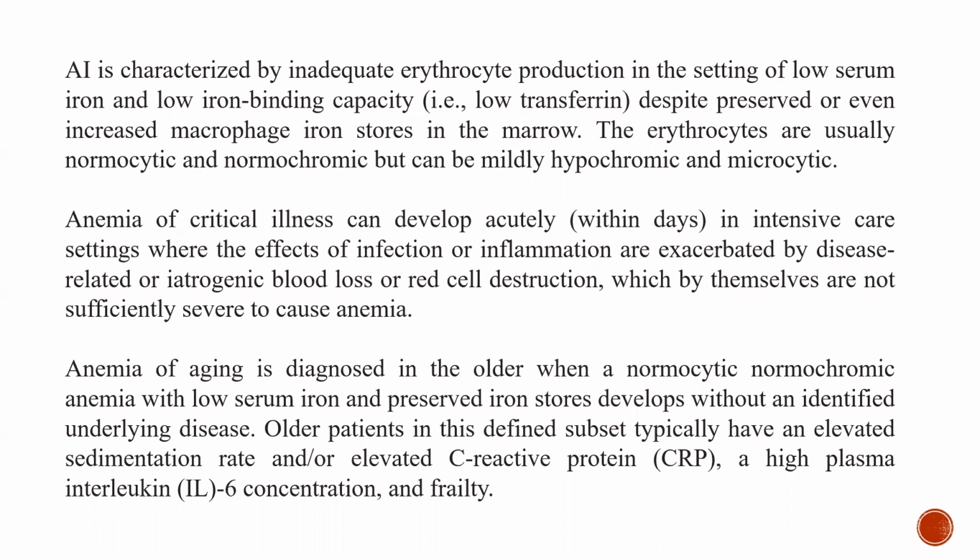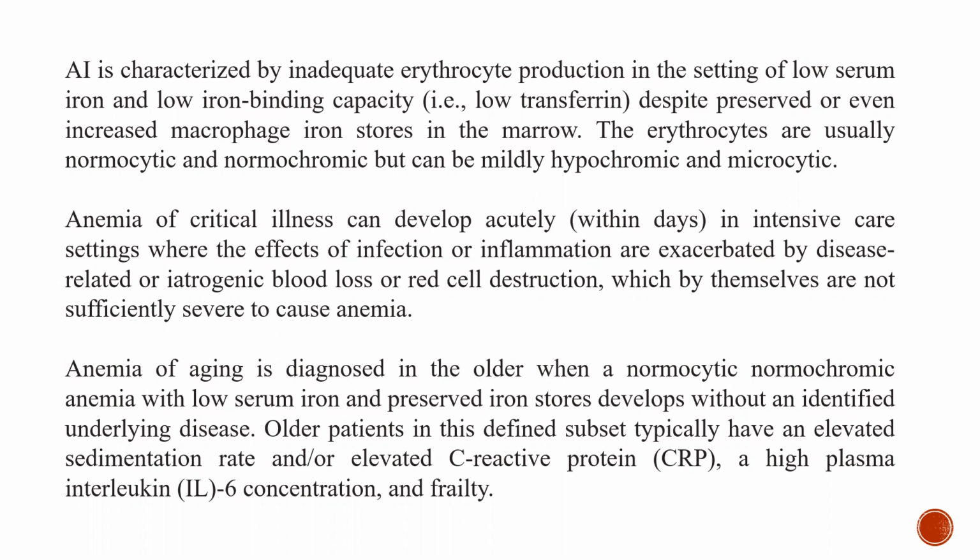Anemia of aging is diagnosed in older patients with normocytic normochromic anemia with low serum iron and preserved iron stores, developed without an identified underlying disease. Older patients in this defined subset typically have an elevated sedimentation rate or elevated CRP, a high plasma interleukin-6 concentration, and frailty.